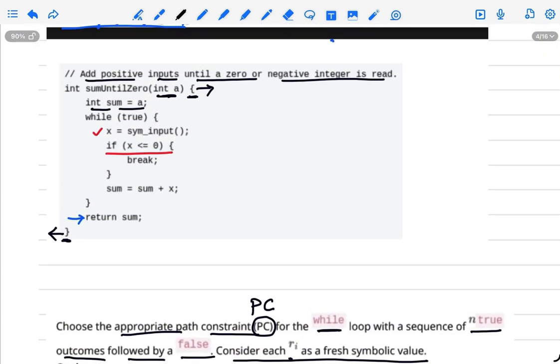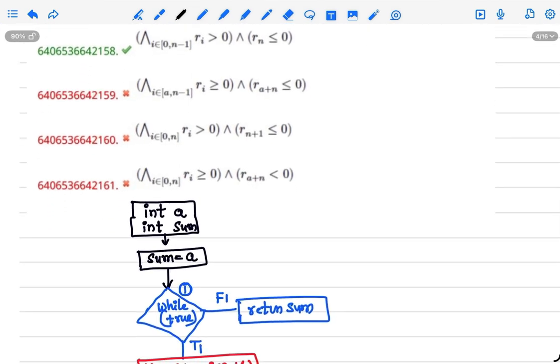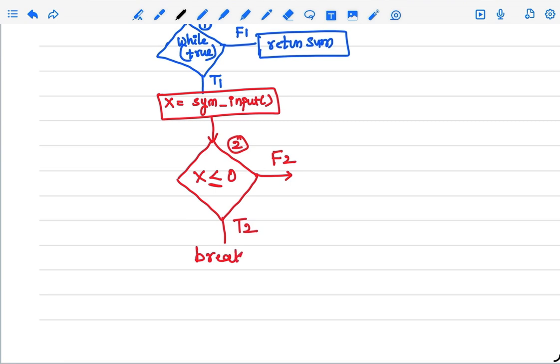Control flow for the program. If the condition is true, break statement. Break means exit the loop.